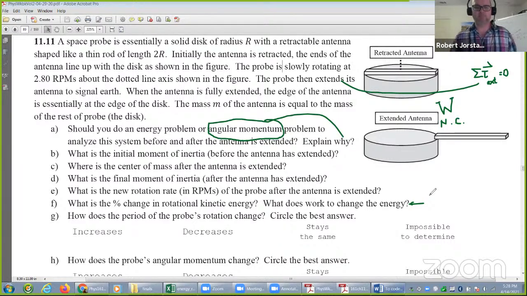Now, all right. So the moment of inertia, I think you can get that. Where's the center of mass after the antenna is extended?